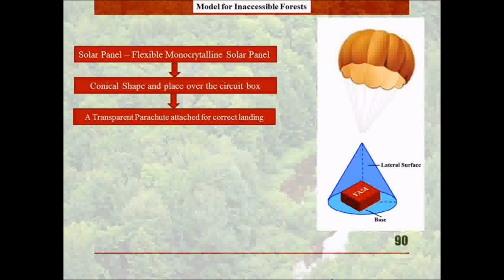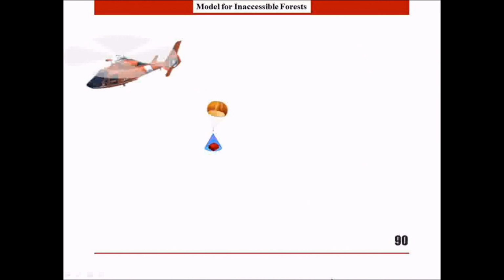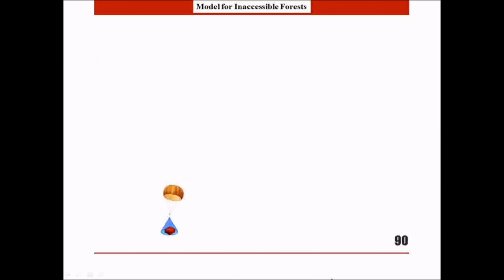So this is the mechanical model for inaccessible forest, and in order to implement it in the forest, this entire module is carried by choppers, that is helicopters, and it is put into the forest like this.